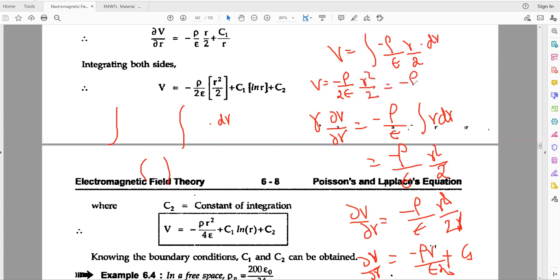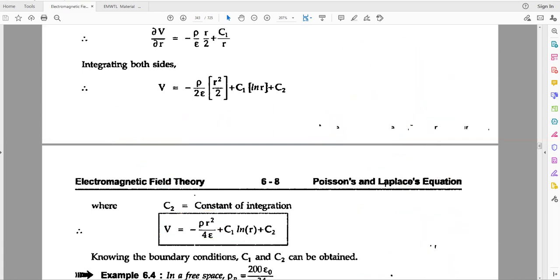That is equal to minus rho by 4 epsilon into R square. See, the voltage V is equal to minus rho R square by 4 epsilon. Knowing the boundary conditions, C1 and C2 are determined. Okay, so no need of this one. So directly we know V is equal to minus rho R square by 4 epsilon. Got it, my dear?